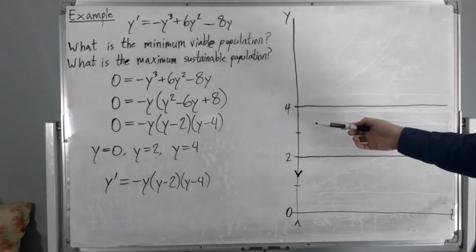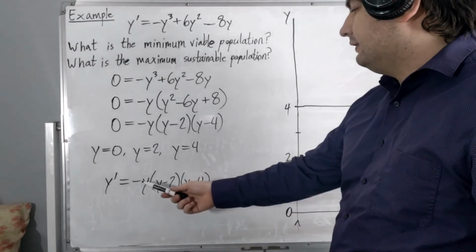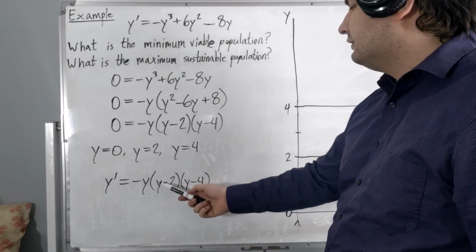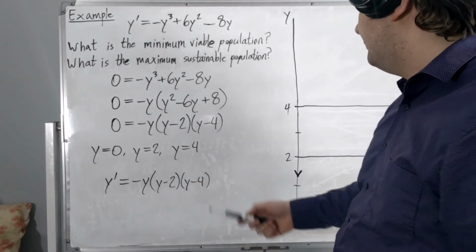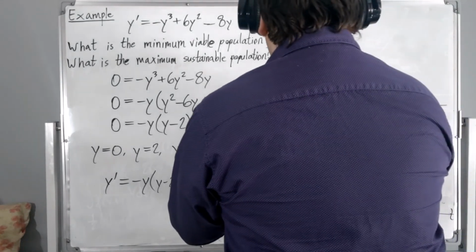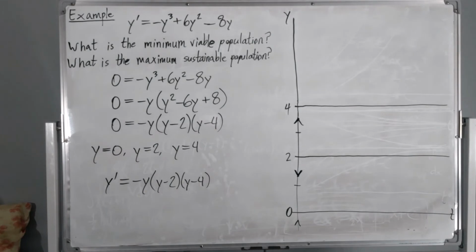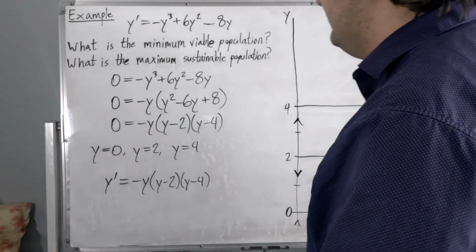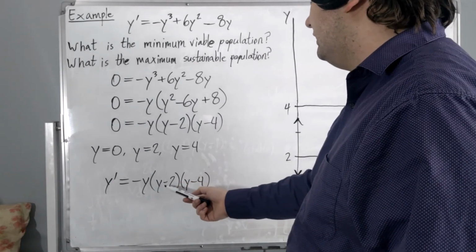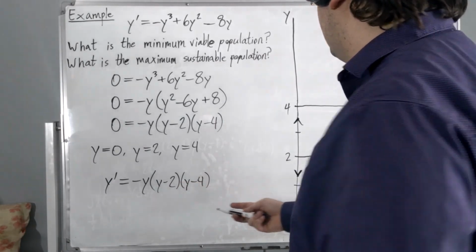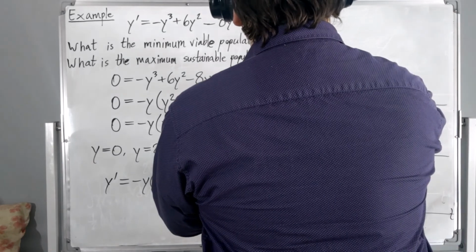Then if you take something like 3, we have negative 3 times 1 times negative 1, and that's positive. And then finally, if you take something greater than 4, like 5, you'll have negative 5 times 3 times 1, which is negative.